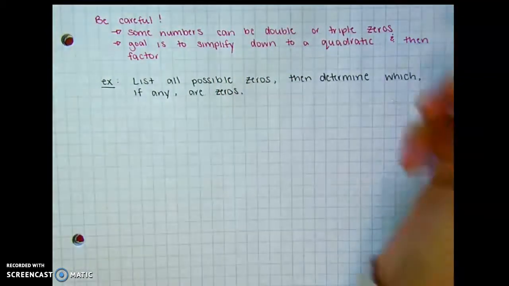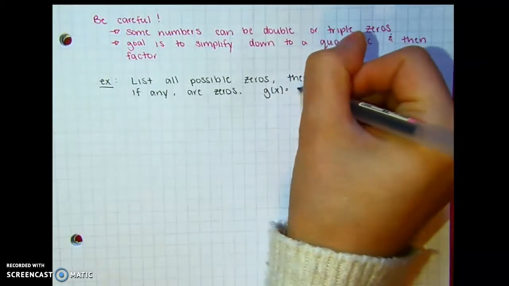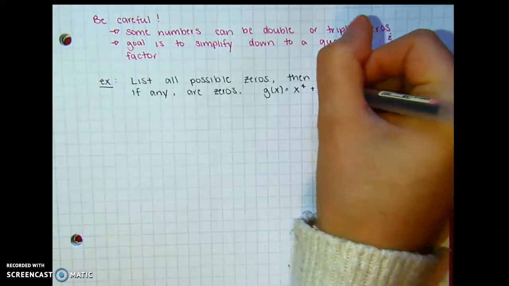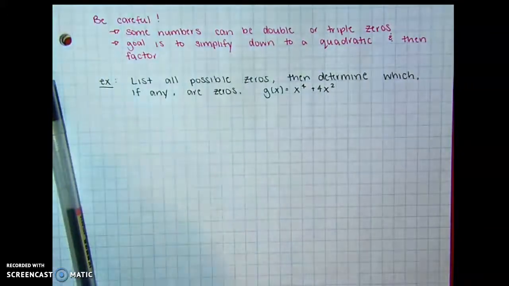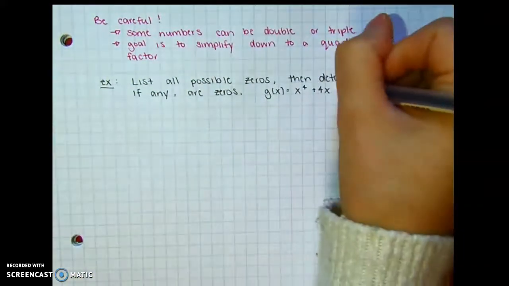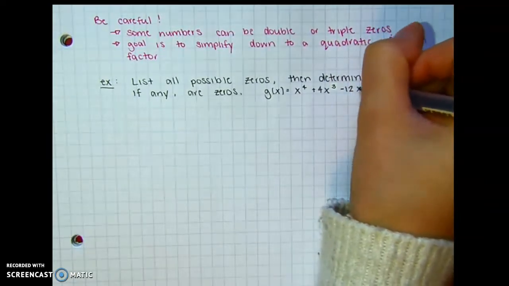And the function I'm going to give you is g of x equals x to the fourth plus 4x cubed minus 12x minus 9.